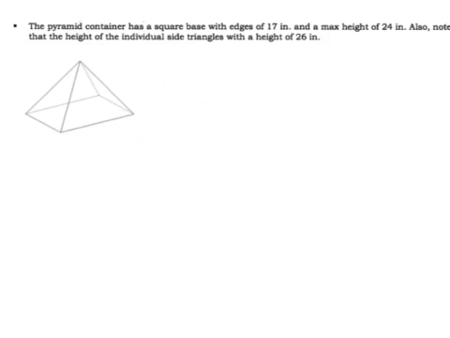Our third shape is a pyramid. Strange storage container, but it would work. It has a square base, so each edge is 17. The height from the apex, or the point of our pyramid, is 24, and down its triangular sides, which we need to know for the surface area, is 26.